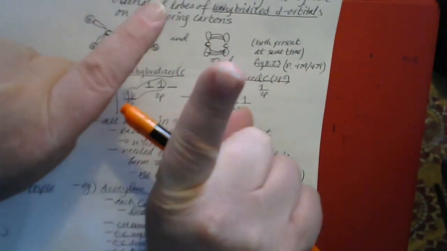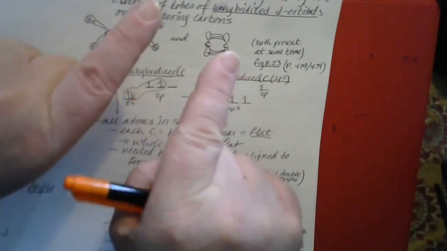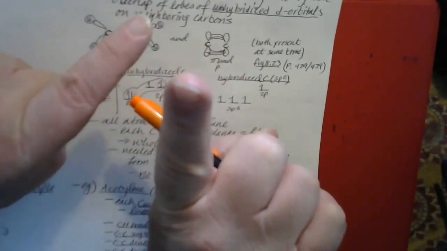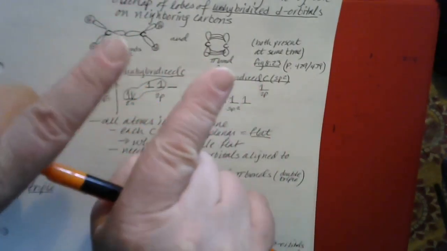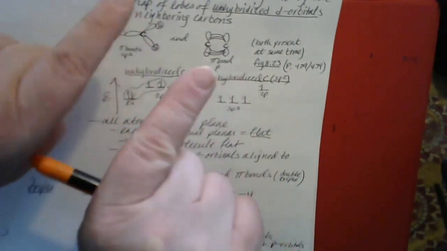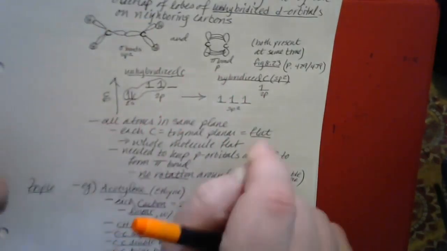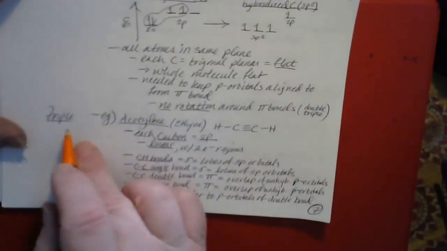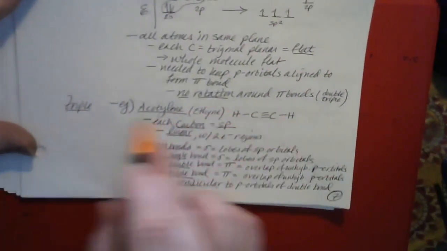If you start trying to twist one of them, then the overlap is destroyed and the pi bond is destroyed. And that's not easy to do. So in practice, there's no rotation possible around a double or a triple bond, only around single bonds. Okay, so that's a double bond.